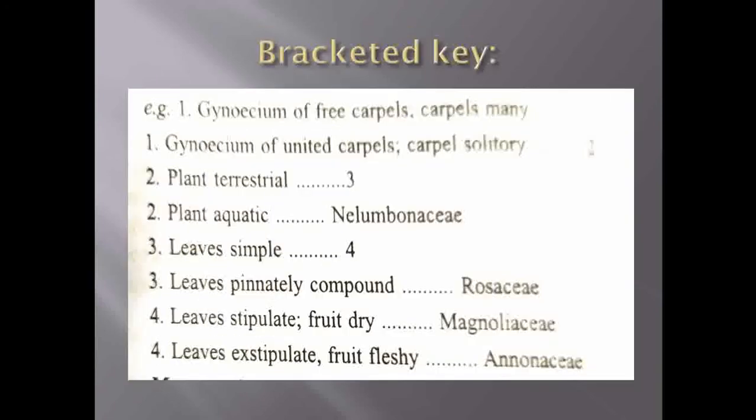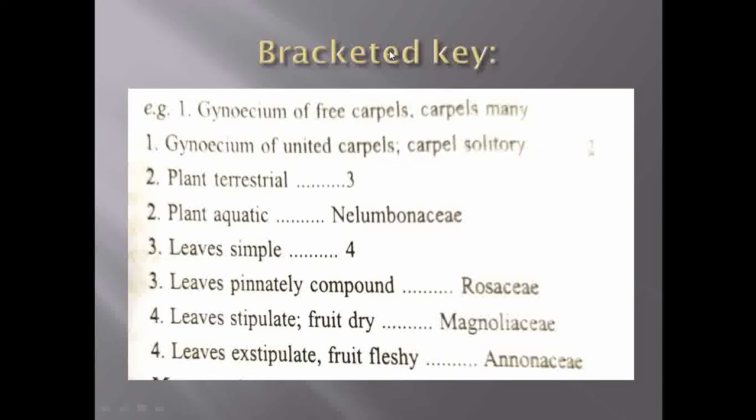So let's see the difference between the bracketed key and the indented key. If you observe here, these are the different characters which we use for identification of a particular plant species. See here, the first character is Gynoecium of free carpels and carpels many, and the second character is Gynoecium united with united carpels and carpels solitary.